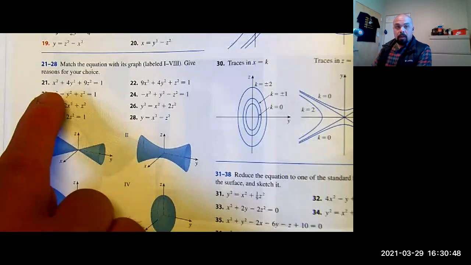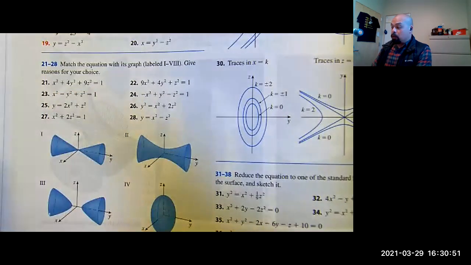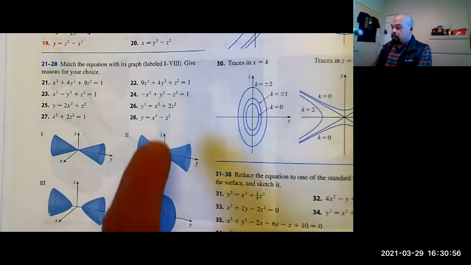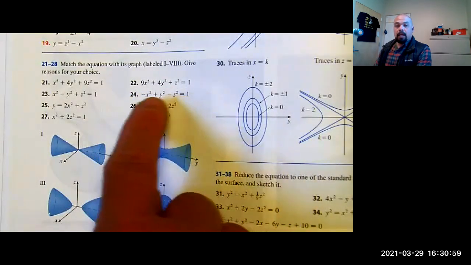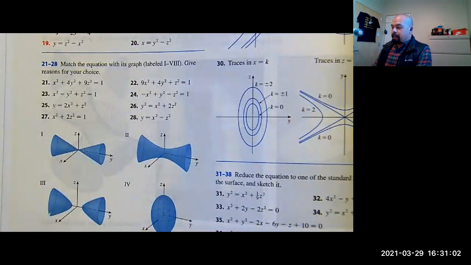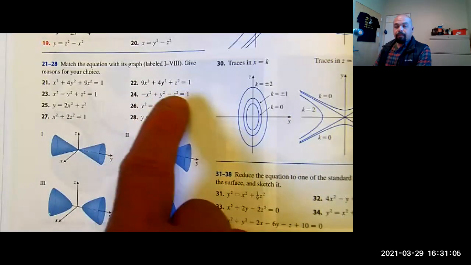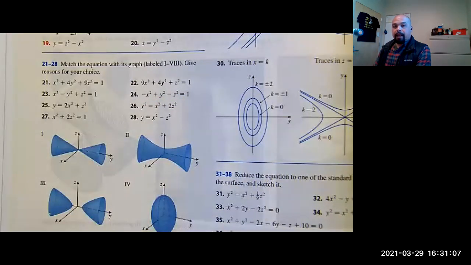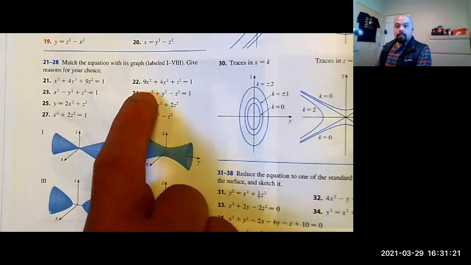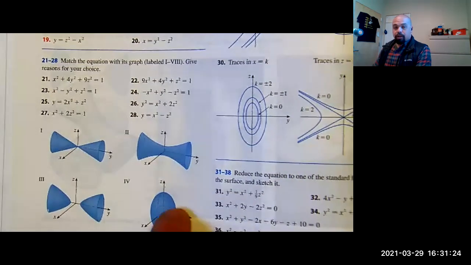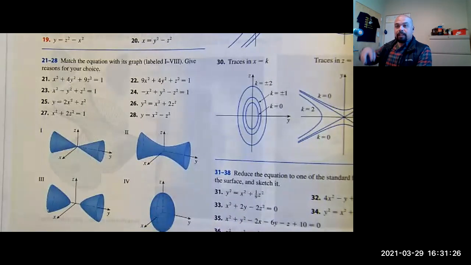We can start to look, so in this case, right, number 21, all quadratic, all the same sign, equal to 1. That's going to be an ellipsoid. Similar for number 22, all positive quadratics, equal to 1, another ellipsoid. But based on those coefficients, right, dividing by an LCD, so on, we can start to see how wide, how compressed, in which direction, right, the length of those major or minor axes, which direction is stretching.